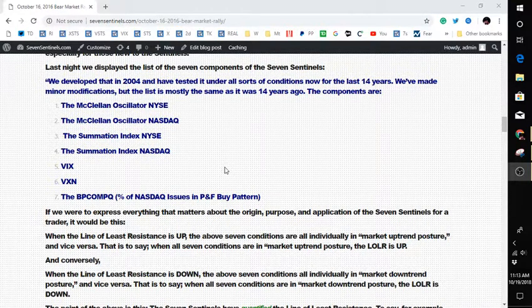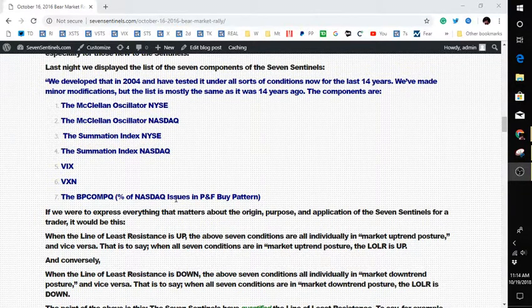I discovered that by putting seven particular trend measures together, when all seven of these factors are trending up, the line of least resistance is up. When those seven are all trending down, the line of least resistance is down.